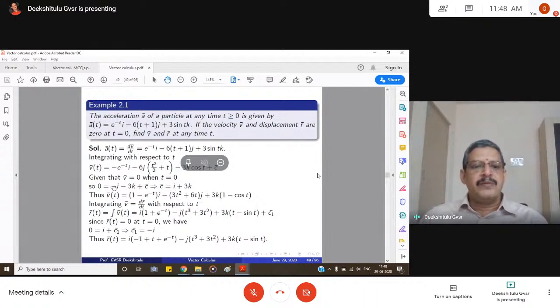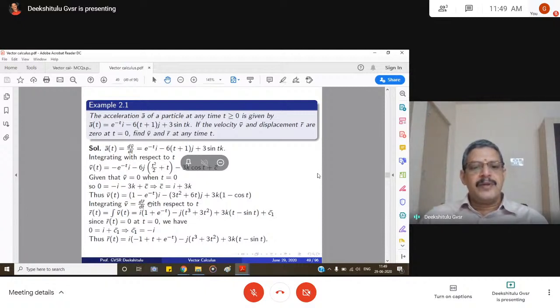So c bar is equal to, because this velocity is 0, this is equated to 0, c bar is i plus 3k. Put this c bar here. Then v bar plus c is i plus 3k. Take i common. So v bar now is 1 minus e power minus t i minus 3t square plus 6 j plus 3k into 1 minus cos t. This is v bar. And also r bar.